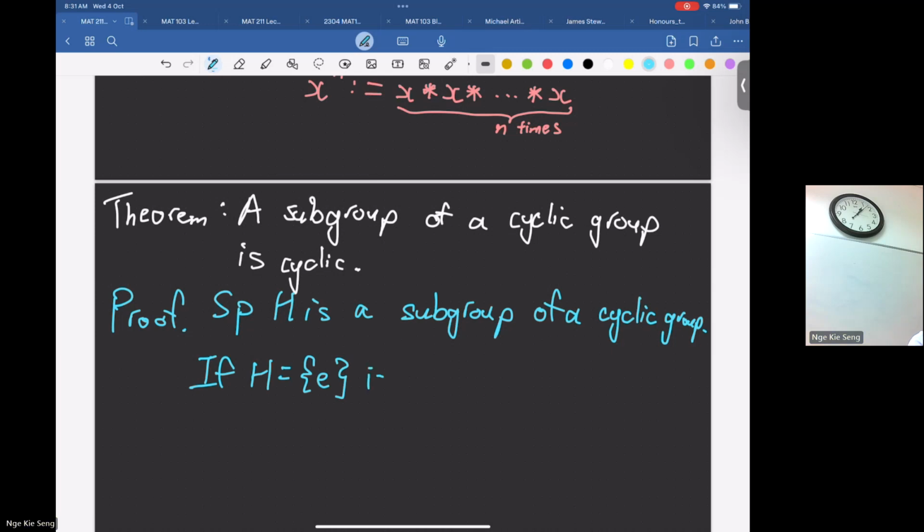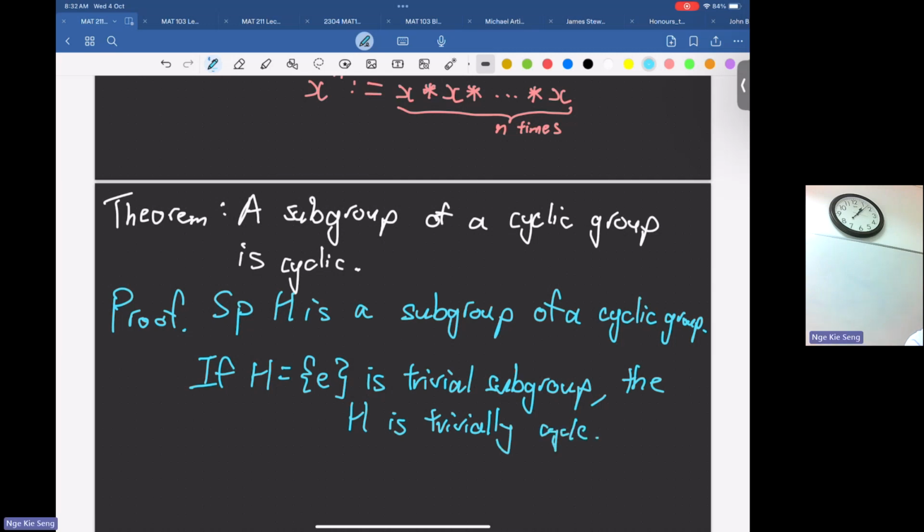Is the trivial subgroup cyclic or not? Cyclic, right? Because the identity is the identity, you can keep composing forever, and the inverse of the identity is still the identity. So H is trivially cyclic.